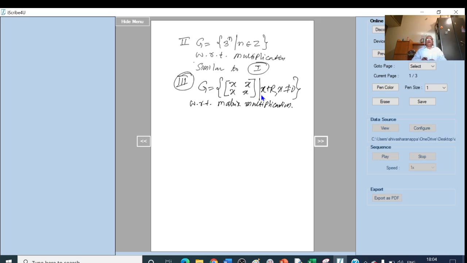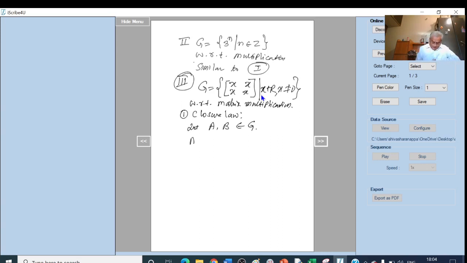So for this, again we have to go through all the axioms. First one, closure law. Consider two elements belonging to G and show that their multiplication belongs again to G. So let A and B be any two elements belonging to G. The elements of G are matrices.